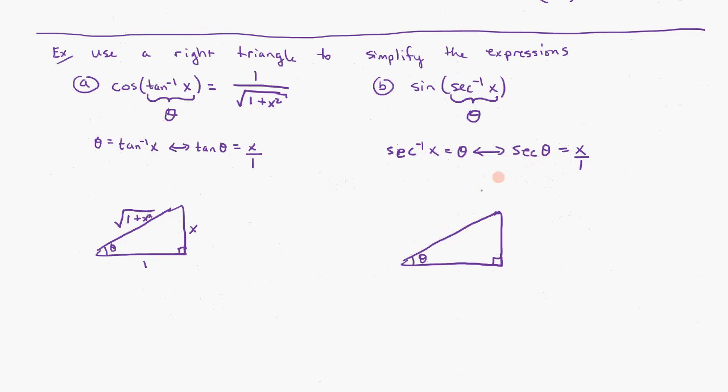Secant is hypotenuse divided by the adjacent side. So we apply the Pythagorean theorem again. Now this would be the square root of x squared minus 1, because x is now the hypotenuse. And so now the sine is the opposite side over the hypotenuse. So sine of theta is equal to the square root of x squared minus 1 over x.